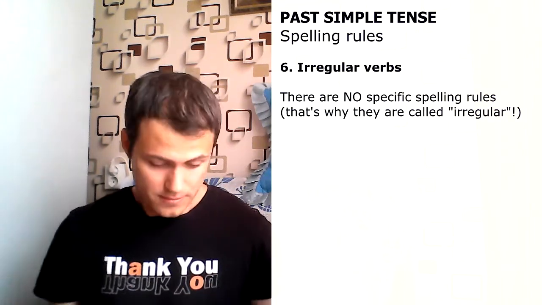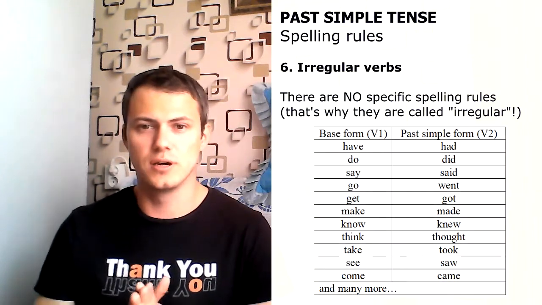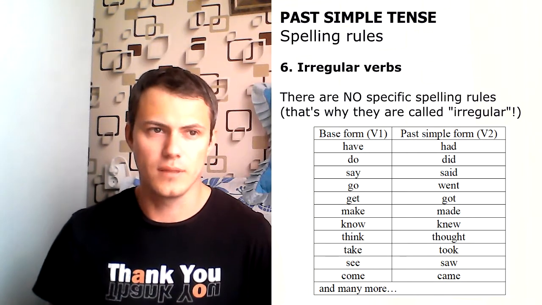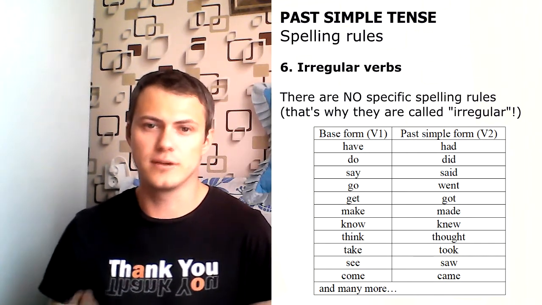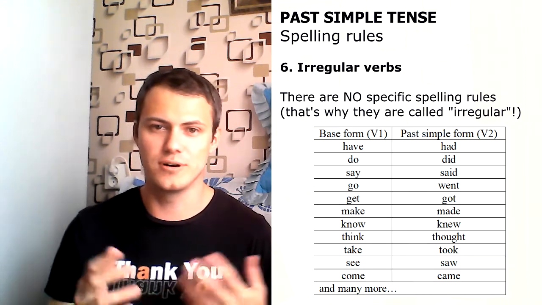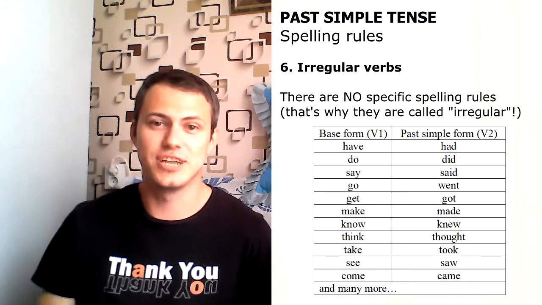Just a few examples of irregular verbs, and I have to say that the most frequently used, the most common verbs of the English language are irregular. That's just a fact.